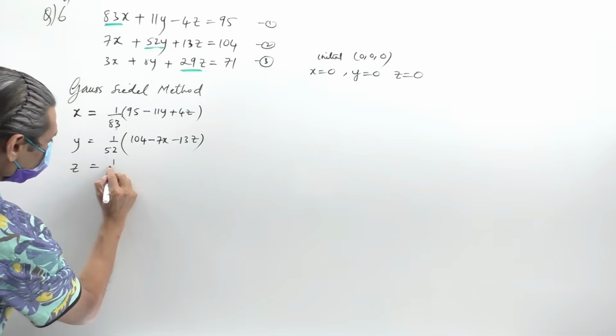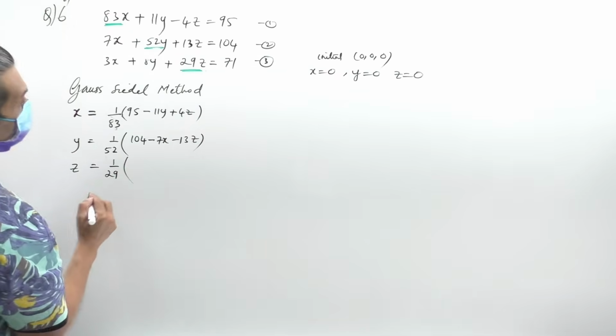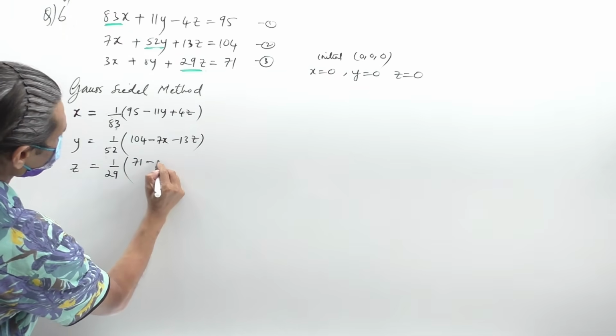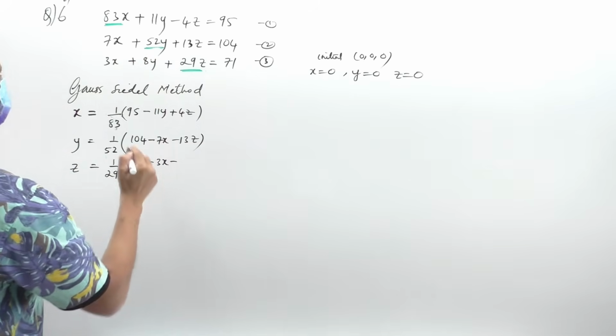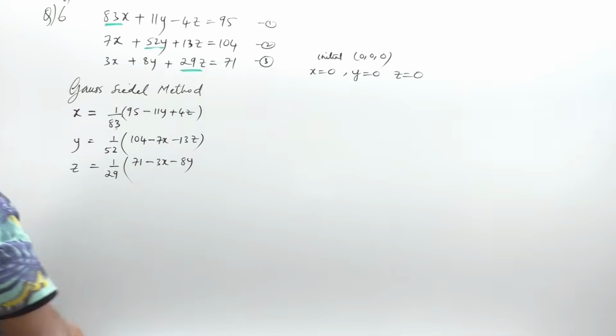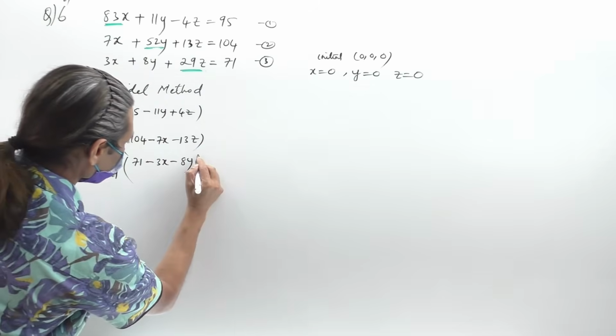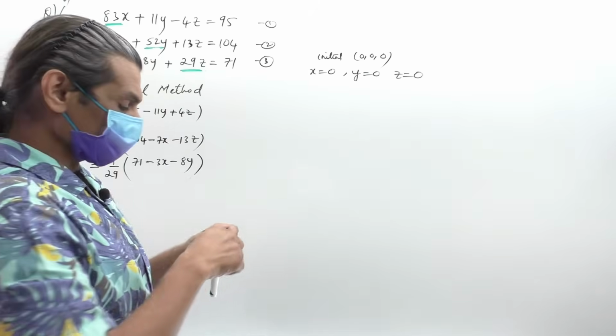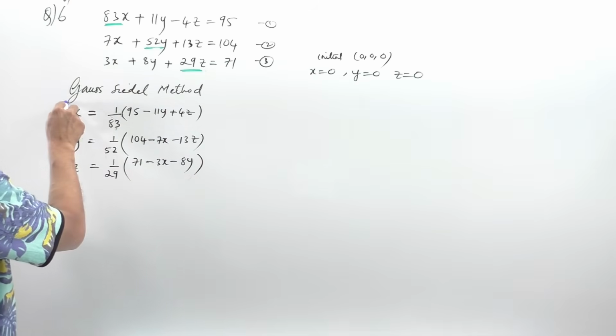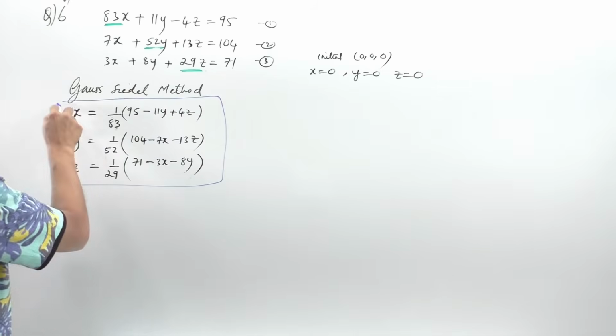So z is equal to 1 by 29 into 71 minus 3x minus 8y, right? Okay, 8y. That's it. Fine. So these are all the equations which we have. Now for these equations, they have mentioned 4 iterations, you have to do 4 iterations. These are the important equations which we will be using to solve.